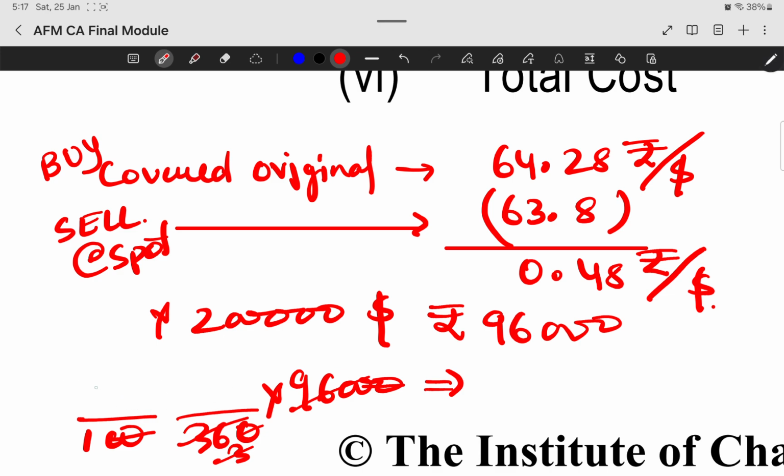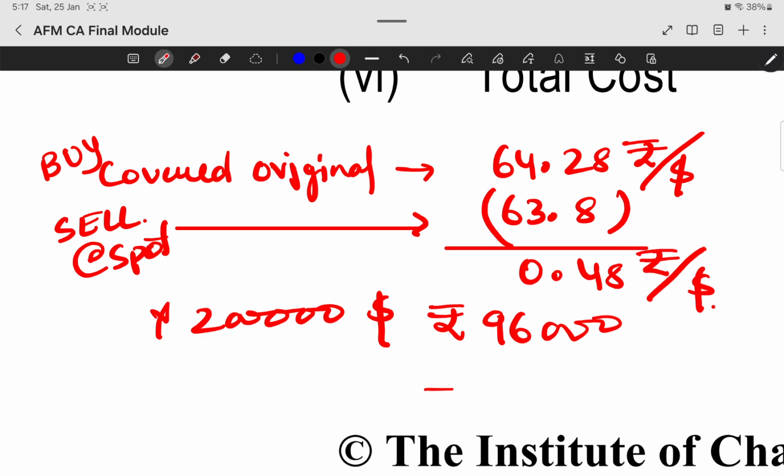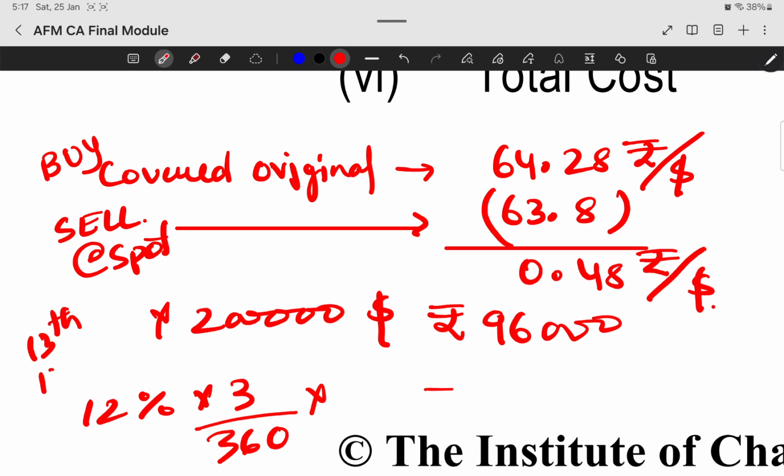My bad. Let's redo this. 12% for 3 days out of the 360 days, because the dates are 13th and 10th, which would mean 3 days of difference. Okay, 96,000.